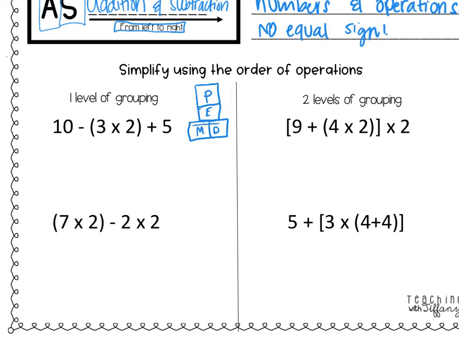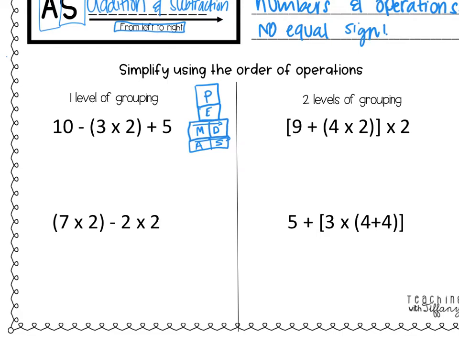Remember to put your arrow above your multiplication and division. Then we have A for addition and S for subtraction. Put your arrow above those as well. And now we are going to plan out our steps. So PEMDAS is the order in which we are to solve this equation.